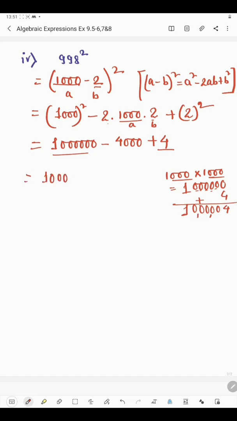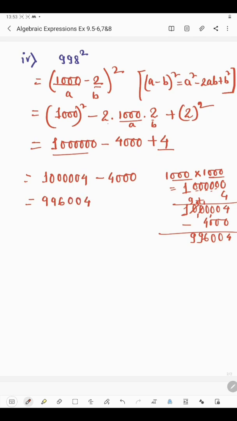Now minus 4000. If we subtract 4000 from this, 4 minus 0 is 4, 0 minus 0 is 0, 0 minus 0 is 0, 10 minus 4 is 6, and the 0 becomes 9, and the 9 comes down. So it's 996004. Okay, now coming to the next part.